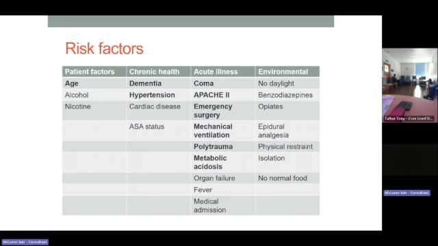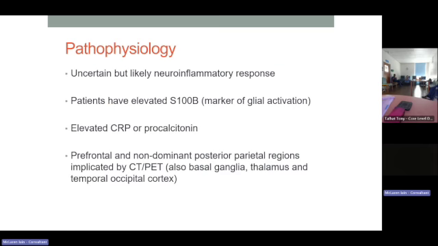And we also restrict patients by putting things like catheters and lines in them so they can't actually get out of bed and move around. Patients who are in isolation, so patients in side rooms with very little interaction, are at higher risk. And actually not giving people normal food as well. So if you're continuously tube fed or on TPN, that will be a risk.